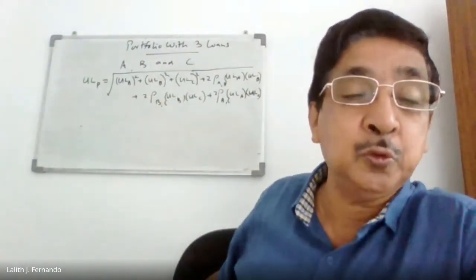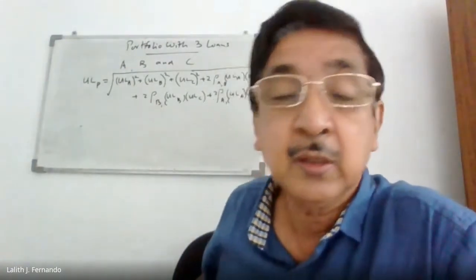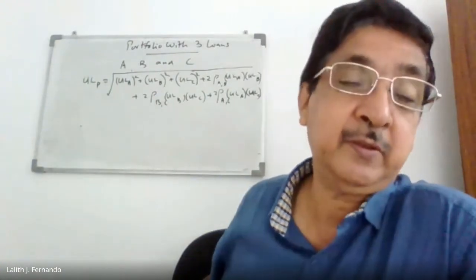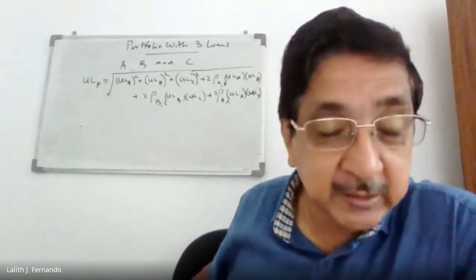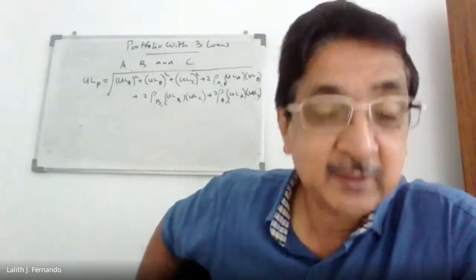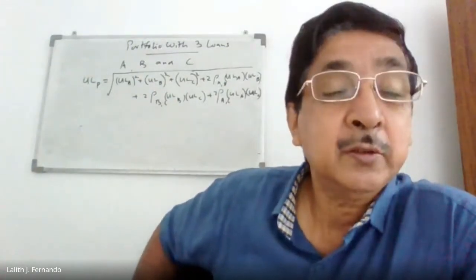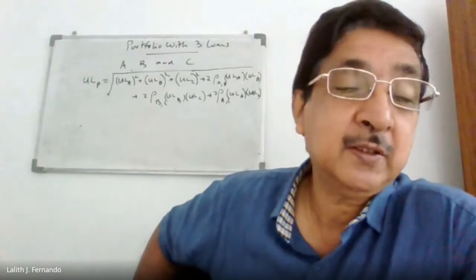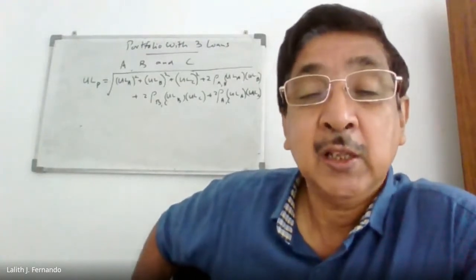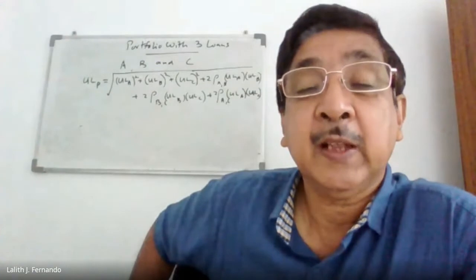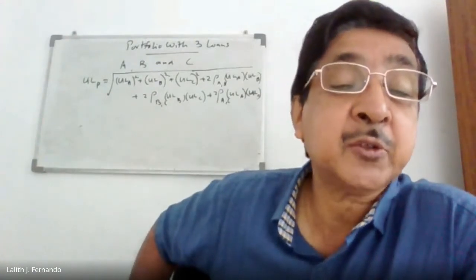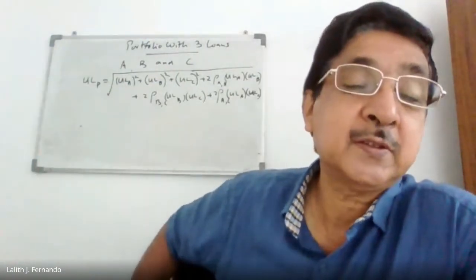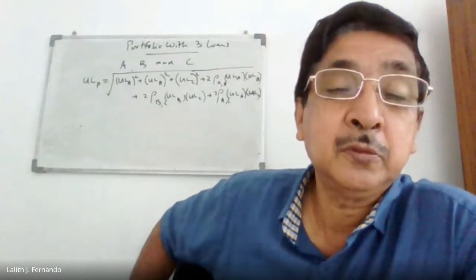Then you start with 2 rho AB, 2 rho AB into UL A into UL B. Then 2 rho BC, UL B, UL C. Then 2 rho CA or AC, UL A, UL C. Then you have to get the total, and take the square root of that result. That will be the portfolio unexpected loss. You got it now? Right.